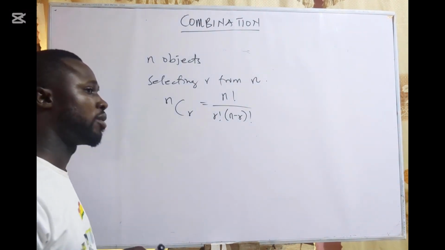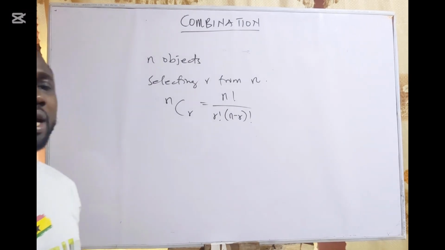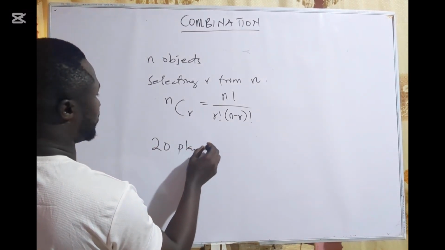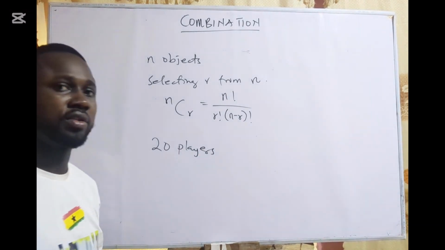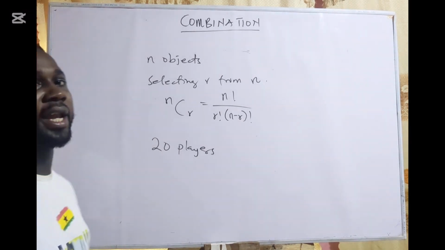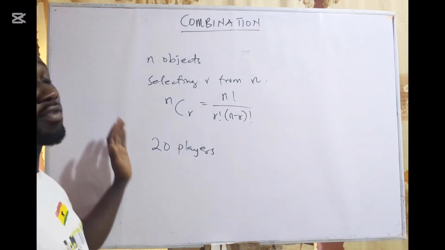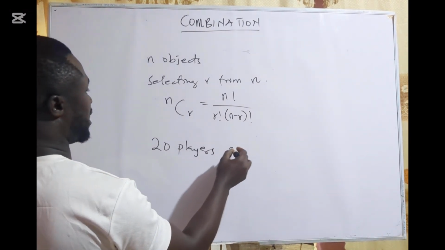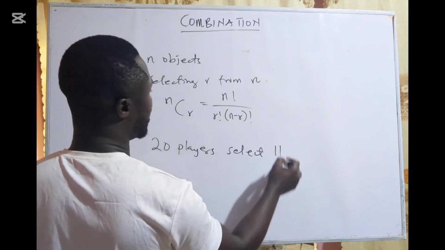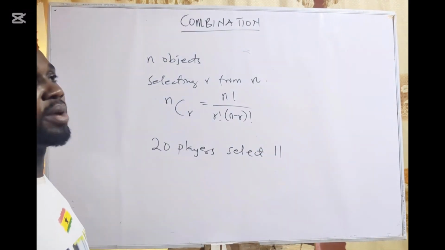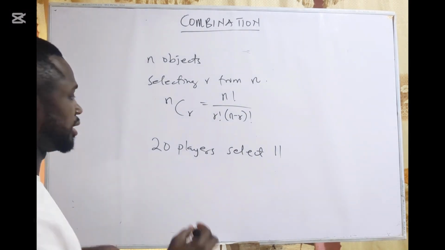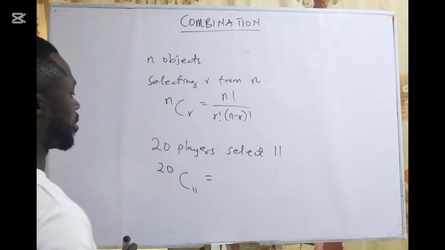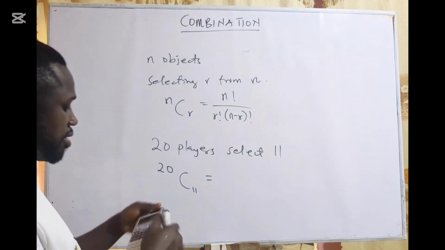So the question can ask you, let's say, assume I have 20 players as a football team. In how many ways can I select 11 players from these 20 players? That will give me 20 combination 11, and then you write your answer down.